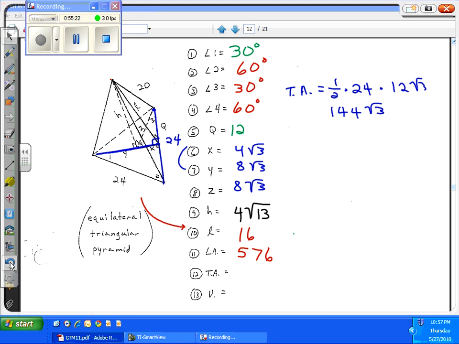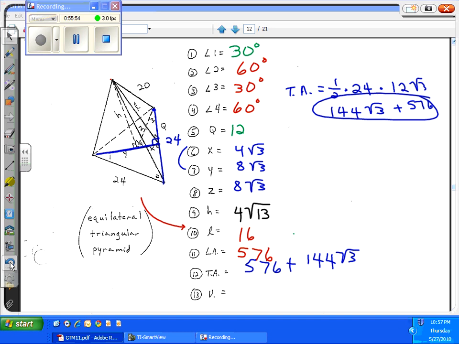That's the area of the bottom, but we have to add the lateral area. So plus lateral area 576. So the total area is 576 plus 144 square root 3. We generally put the part without the radical first as we write a complex number there.